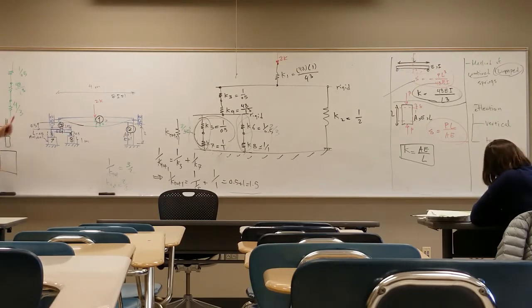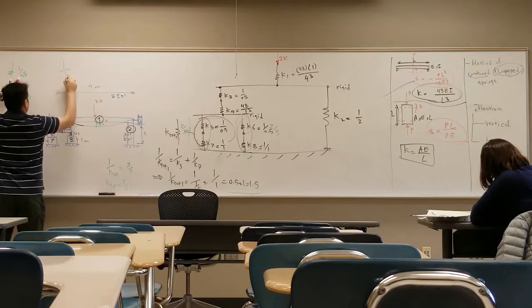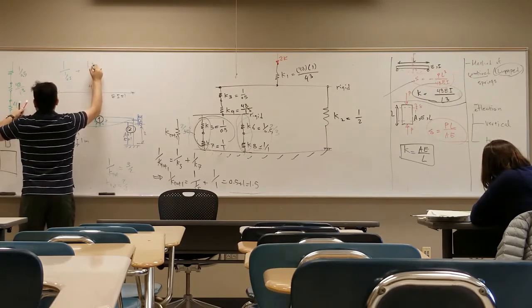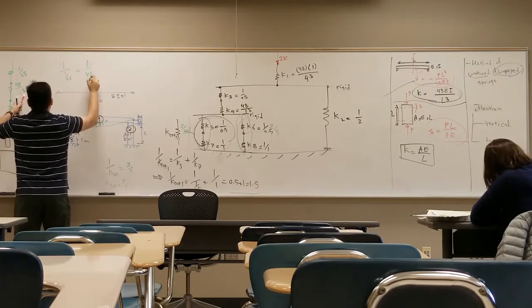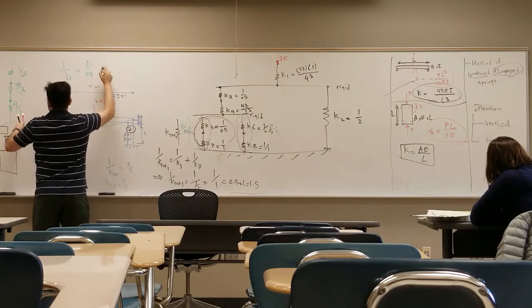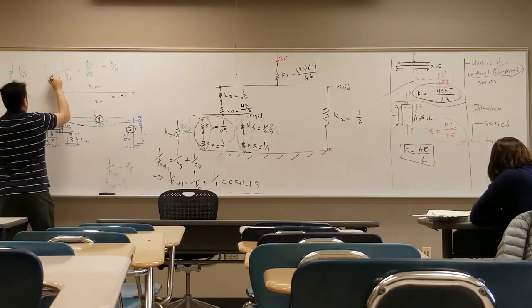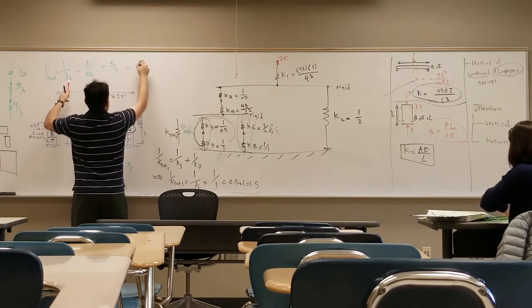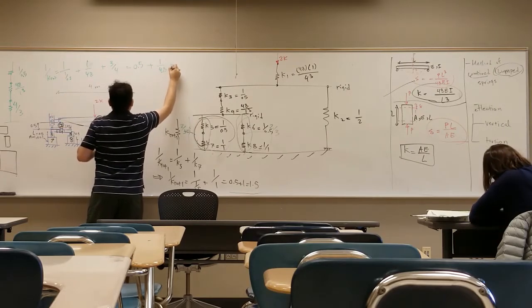Right? So what should I do? 1 over this one, which is 1 over half, plus the inverse of this one, 1 over 48, plus 3 over 4 is equal to 1 over K total. So that's going to be half plus 1 over 48 plus 3 over 4.